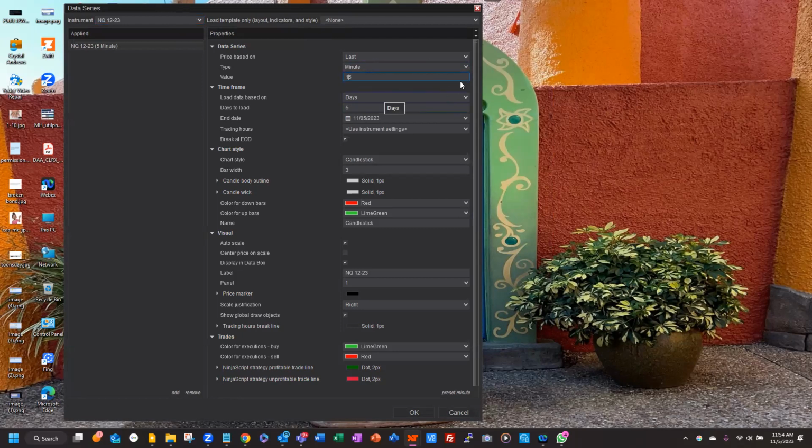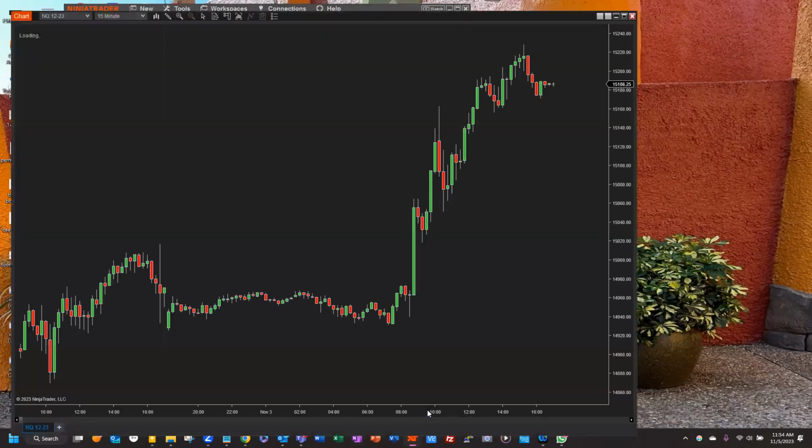Okay, and everything else is fine. Just go down and say okay. Because we already saved the properties, it's always going to come up this way. You don't have to worry about doing the properties on every chart anymore because you got it saved, which is a good thing.